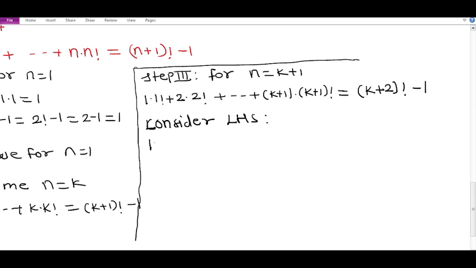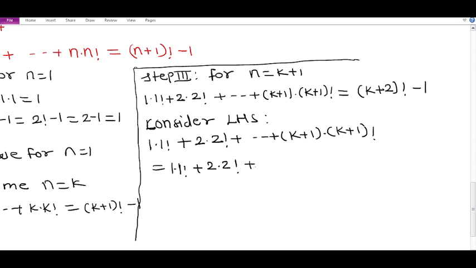So on the LHS it is 1 into 1 factorial plus 2 into 2 factorial plus (k plus 1) into (k plus 1) factorial. Now the term before this, (k plus 1) into (k plus 1) factorial, we can write as 1 into 1 factorial plus 2 into 2 factorial plus k into k factorial, plus (k plus 1) into (k plus 1) factorial.